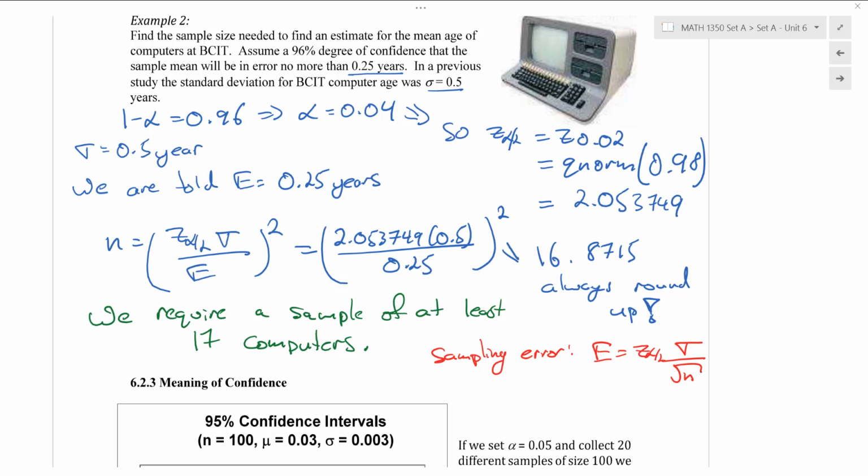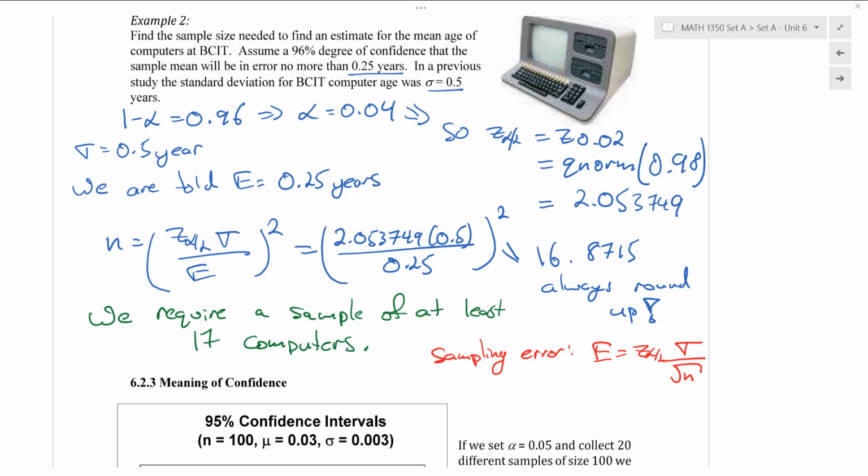If our population is more variable, our E will increase. Our range will not be as tight since we're expecting a lot of variation. Whereas, as we notice, the N is in the denominator. If the N is increasing, our size for E will decrease, and we will tighten up our bound. So the larger our sample is, the smaller our confidence interval will be, and the tighter control we will have over the true population statistic.